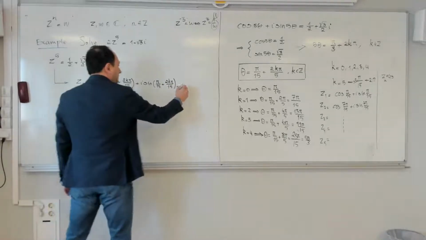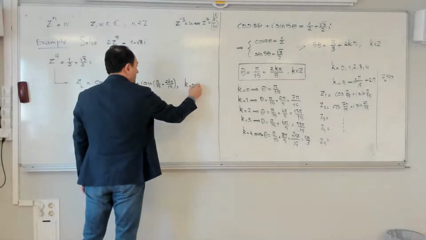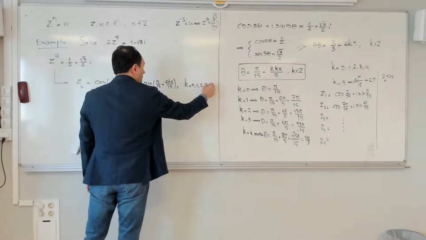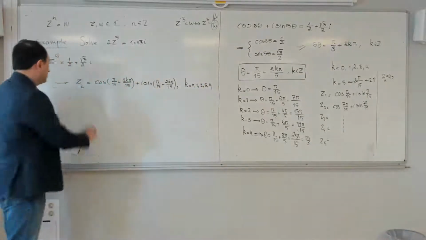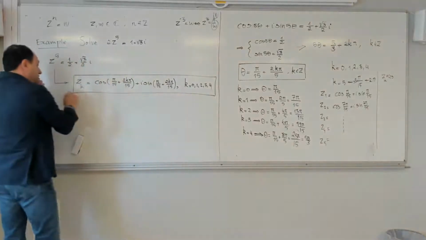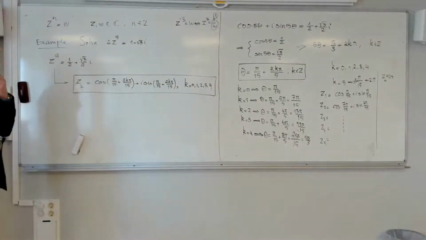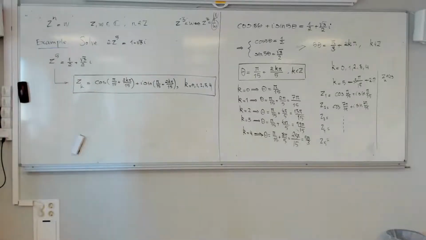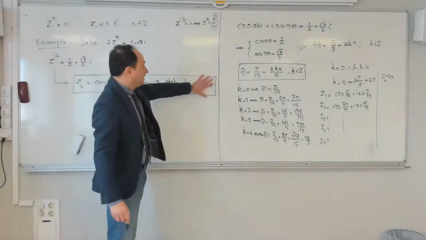And then you write in front that k is either 0, 1, 2, 3, or 4. So that's also a good way of writing, especially if you really don't need to do something with a particular solution, this is a good way to write that down.